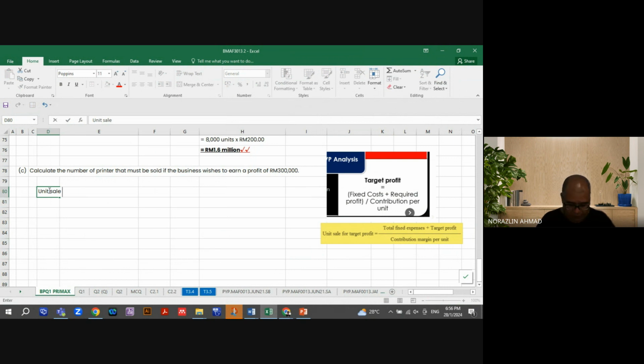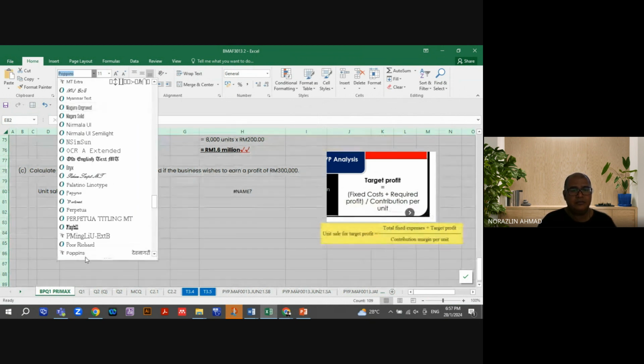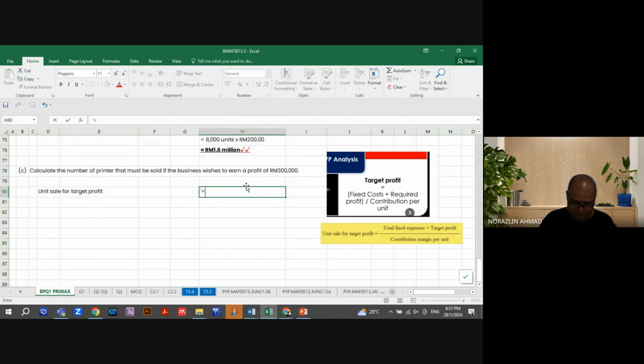Unit sale for target profit is total fixed cost plus target profit, divided by contribution margin per unit.